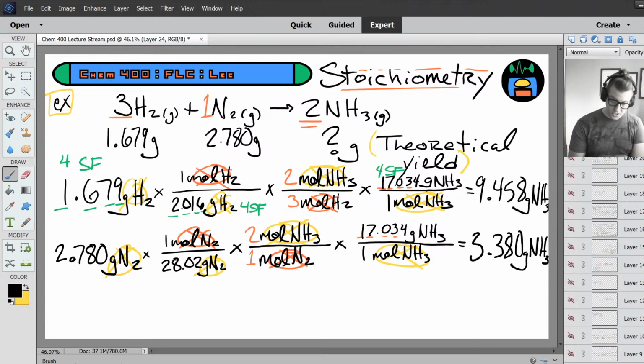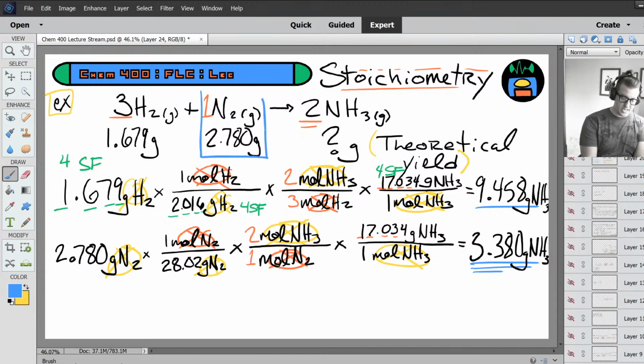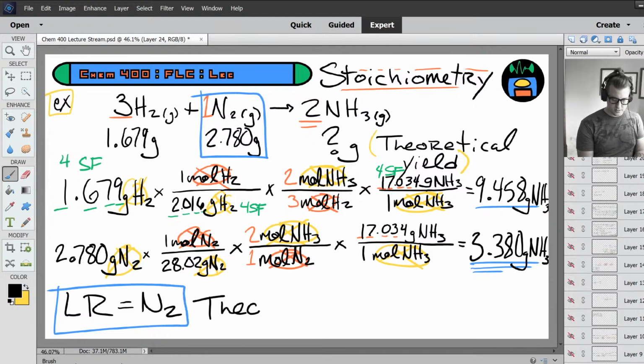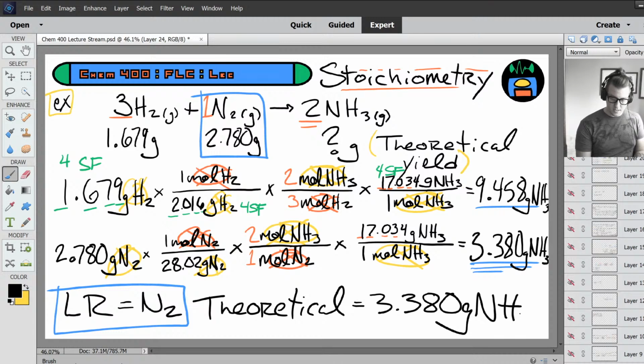Now, once you have these down, you look at the two numbers, and you can see that the mass of ammonia that we get from our initial quantity of nitrogen is smaller. So we would say that the limiting reagent, LR, is nitrogen, and the theoretical yield is 3.380 grams of ammonia.